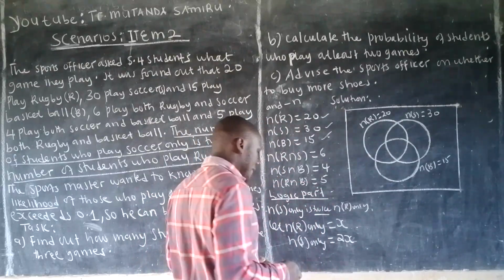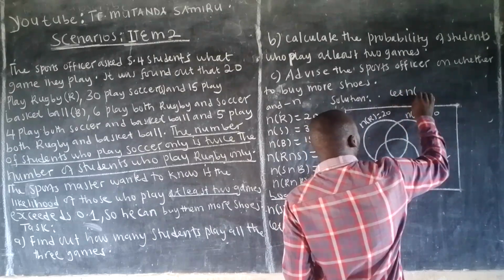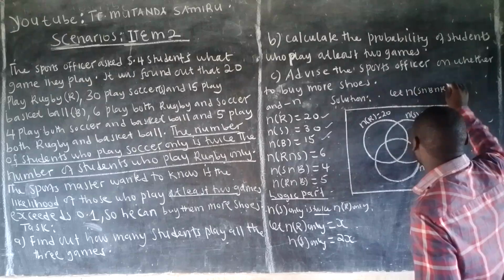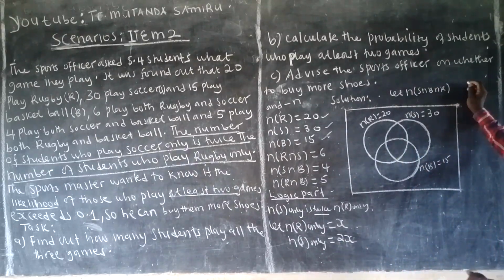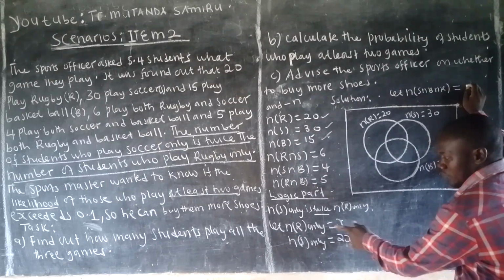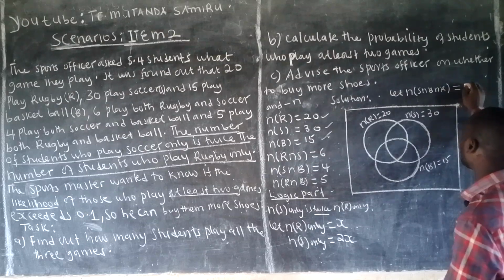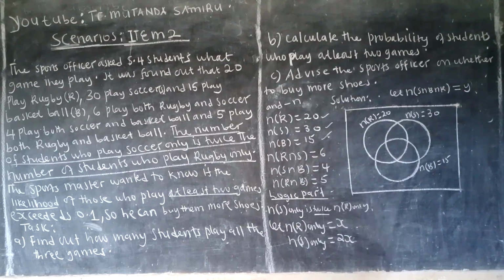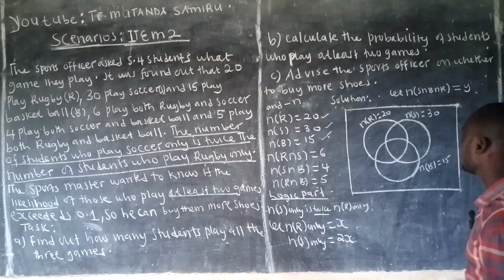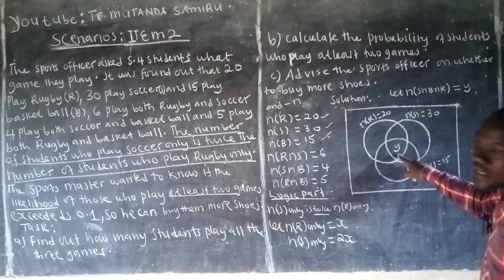So let the number in S intersection B intersection R, the order doesn't matter, you can start with S or with B. Since you already have X in what we have read, don't again let X; you can let any other letter. I can call it Y. So let the number in all the 3, S intersection B intersection R, be Y. Now you come back here and put your Y there. Before you do the number of sets, you must have this one already.